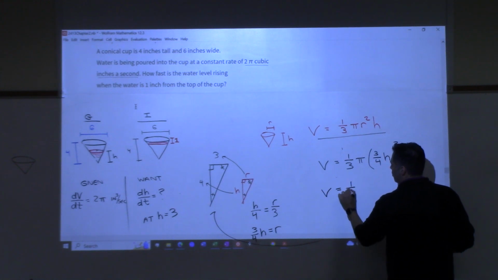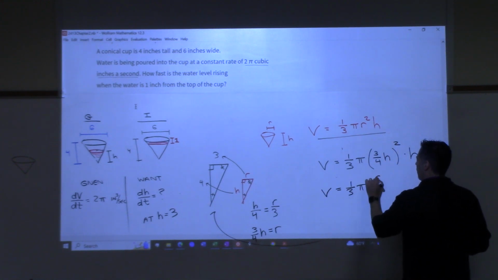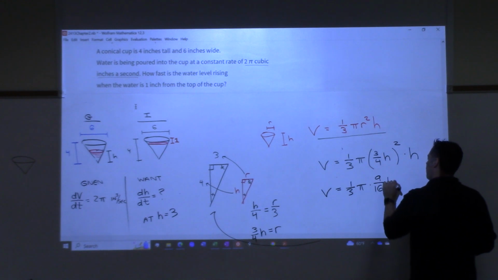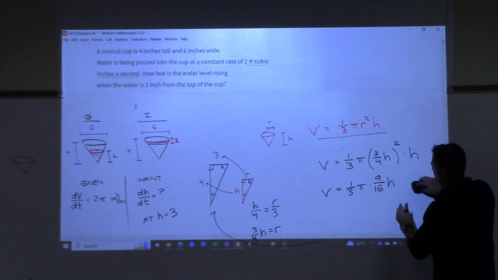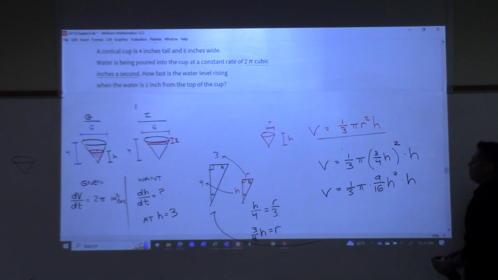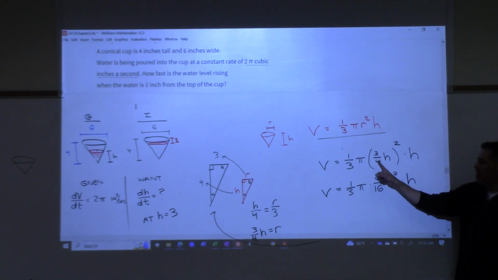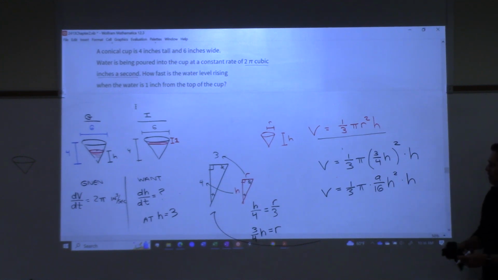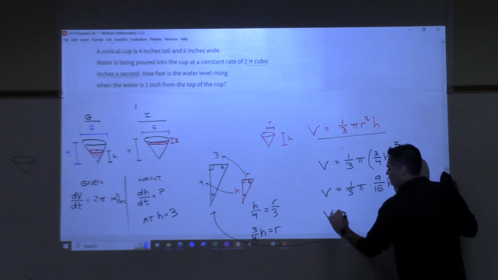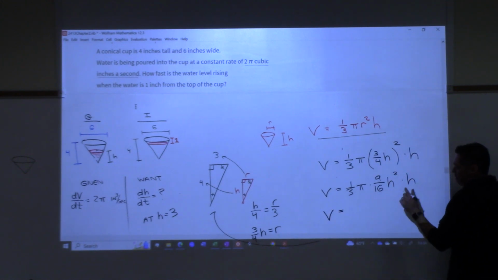I'm not going to differentiate yet. Well, let me do it this way. So here I just squared this, right? I square the 3/4, I square the H. And I put everything together now. I'm not taking a derivative here, right?